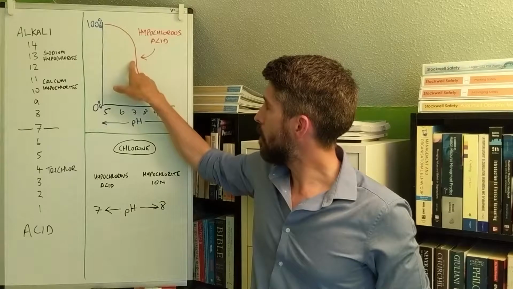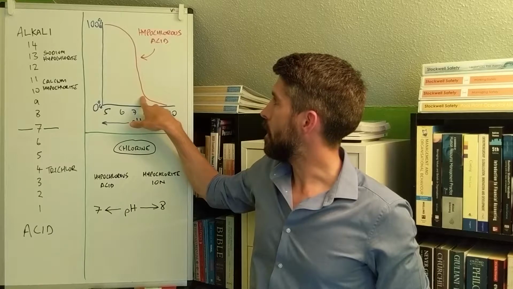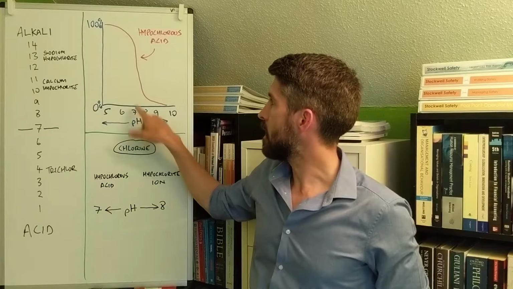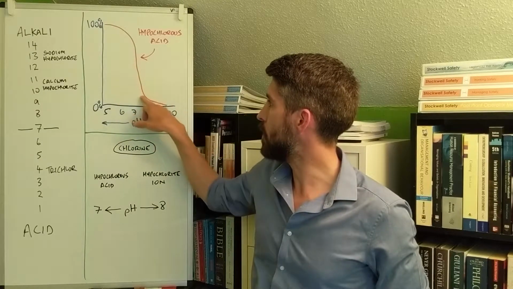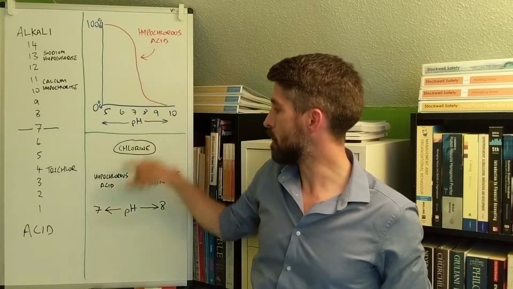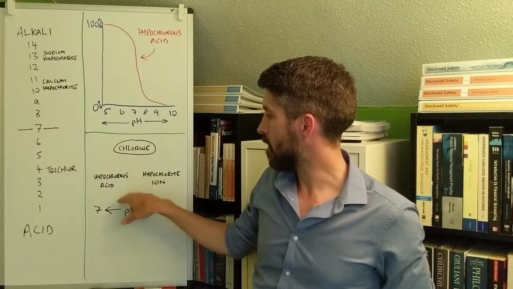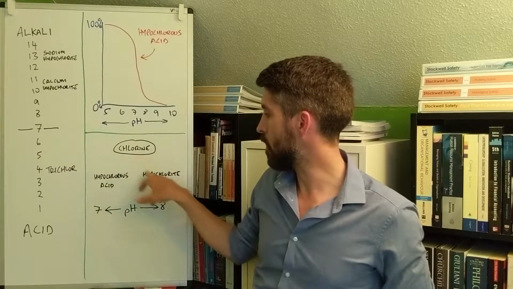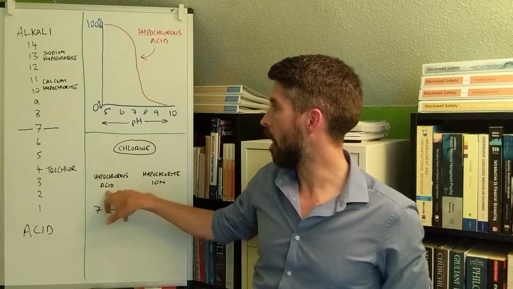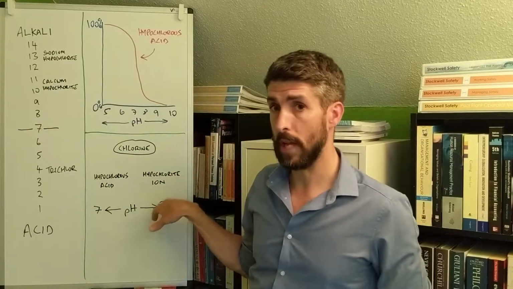Look how much of an impact the pH has on the percentage of hypochlorous acid you get, especially between 7 and 8. It's almost vertical. There's so much of a reduction in the level of hypochlorous acid that you get. So you can see that between 7 and 8, most of the chlorine that you add is going to be in the form of hypochlorite ion. You're going to get very little hypochlorous acid once the pH level gets to 8.